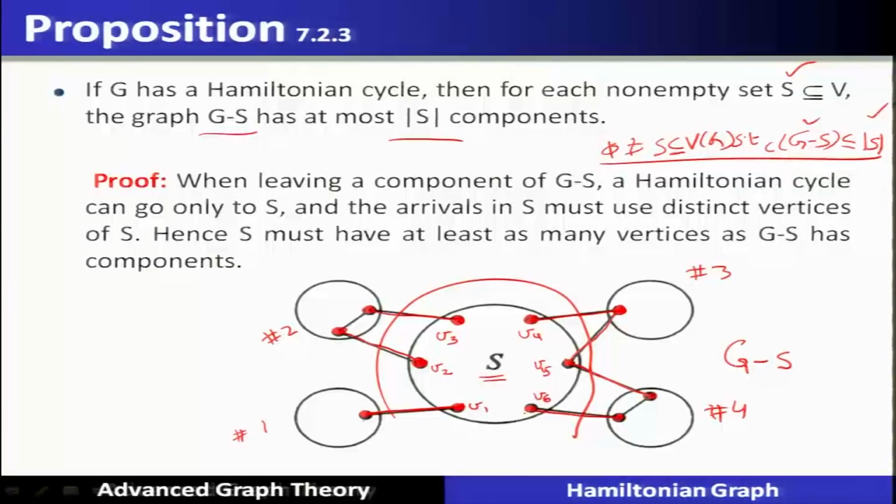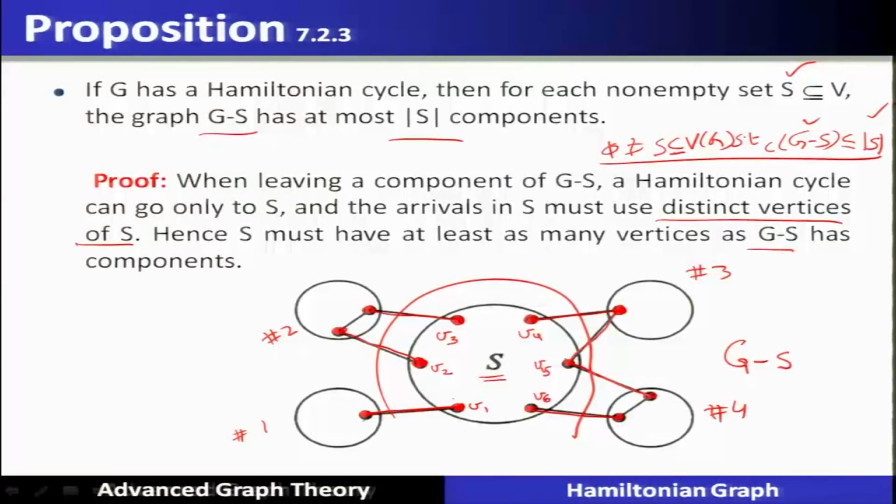So, when leaving a component of G minus S, the Hamiltonian cycle can go only to S, and the arrivals at S must use distinct vertices of S. Hence, S must have at least as many vertices as G minus S has components.